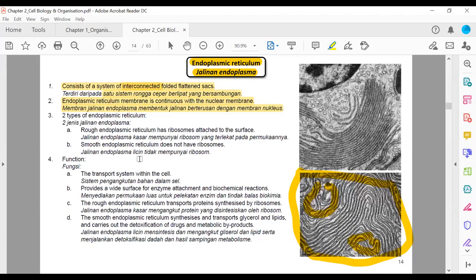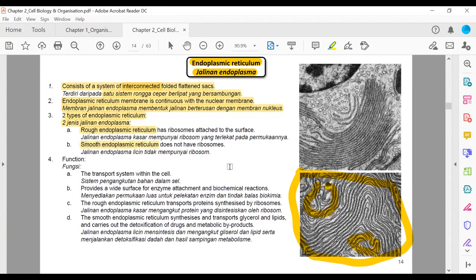Nombor 3, two types of endoplasmic reticulum. Ada dua jenis endoplasmic reticulum, dua jalinan endoplasma. Satu dipanggil sebagai rough endoplasmic reticulum, satu lagi dipanggil sebagai smooth endoplasmic reticulum.